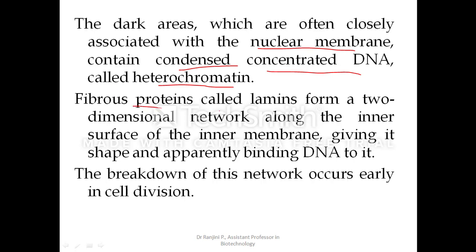The fibrous proteins called lamins form a two-dimensional network along the inner surface of the inner nuclear membrane. They play an important role in giving shape to the nucleus and also provide a site for binding of DNA to the inner surface of the nuclear membrane.